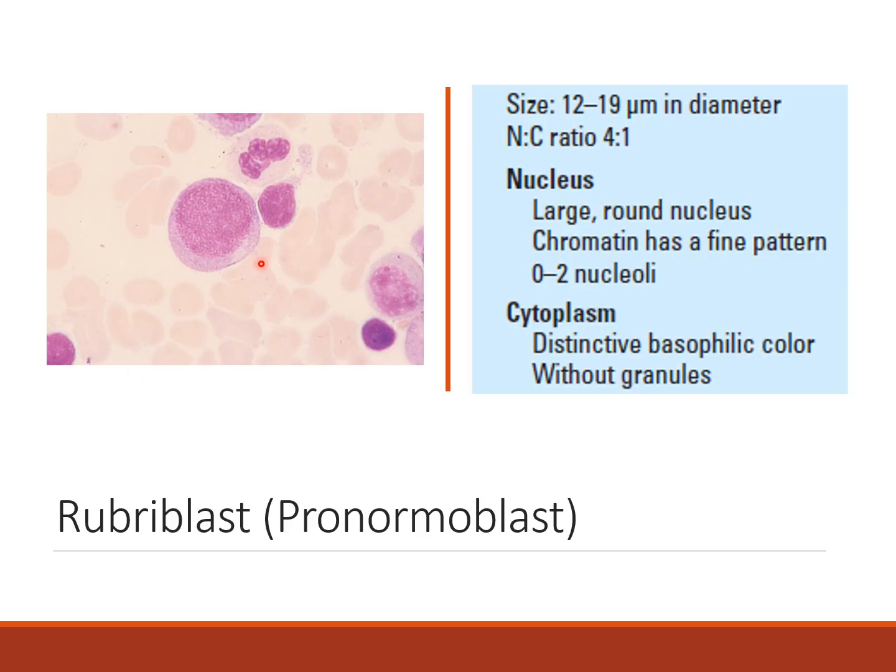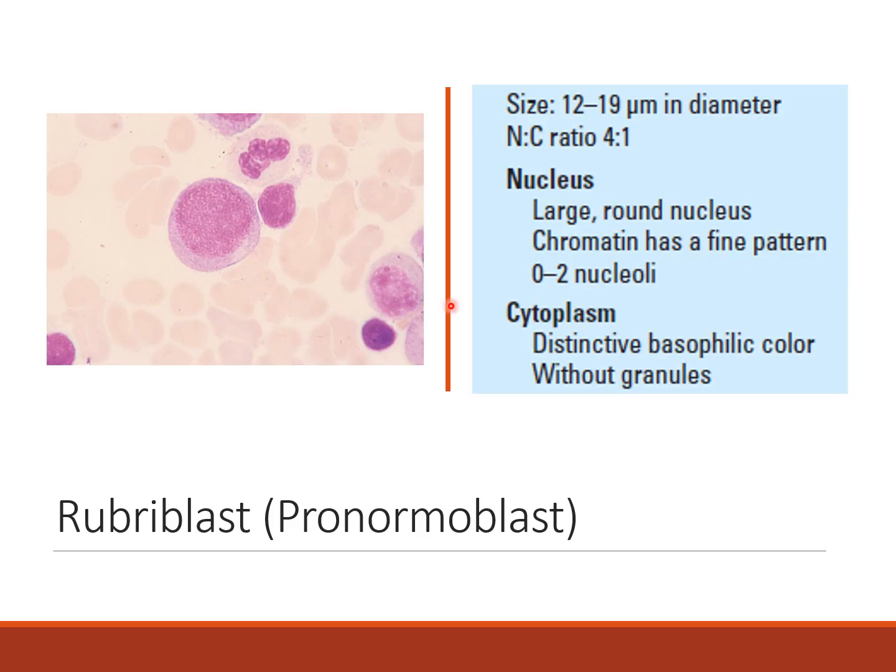I don't know if you can see this well, but these tiny little dimples, this one doesn't have very prominent nucleoli. But any type of blast, whether it's a white blood cell or a red blood cell blast, whether it's a myeloblast or a rubriblast, is prone to have areas of clearing called nucleoli within the smooth chromatin of the blast phase.